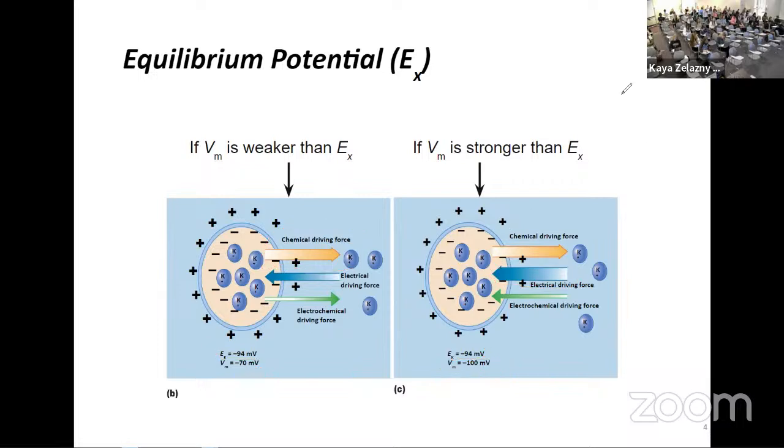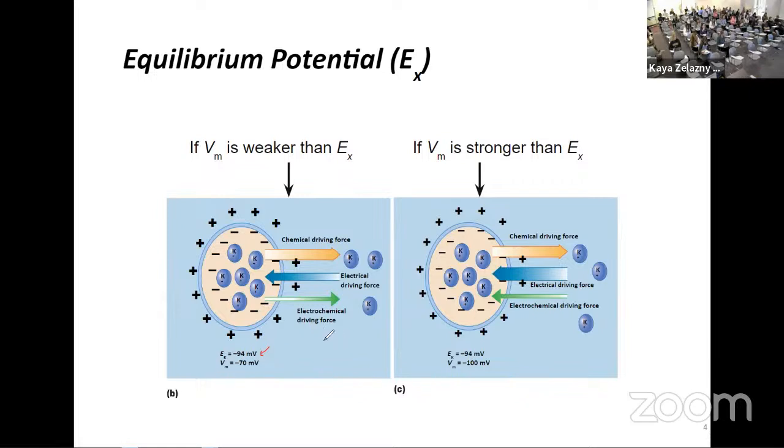I said I don't think this is the simplest way to do it. The way I do it in my head is I compare our number for the equilibrium potential to that number for the membrane potential. And I just think, what direction would potassium need to move to get to -94 for the inside of the cell? Do I have to move that positive charge into the cell or out of the cell to get to my -94?